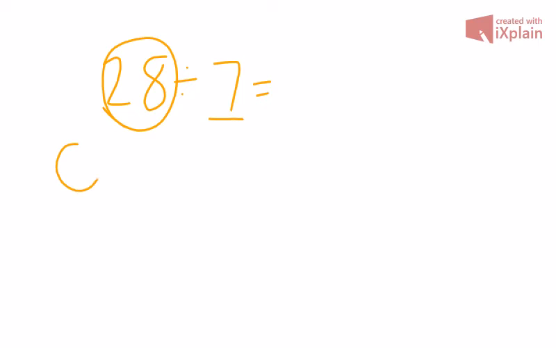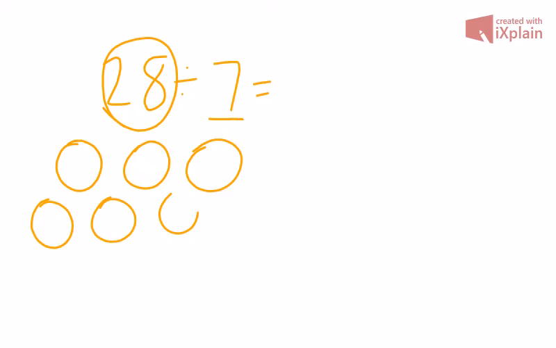So I'm going to have 1, 2, 3, 4, 5, 6, 7 groups. And I'm going to put 1 in each group until I get to my magic number, 28. 1, 2, 3, 4, 5, 6, 7, 8, 9, 10, 11, 12, 13, 14, 15, 16, 17, 18, 19, 20, 21, 22, 23, 24, 25, 26, 27, 28.